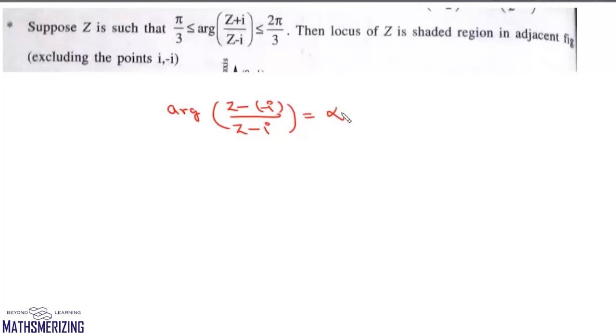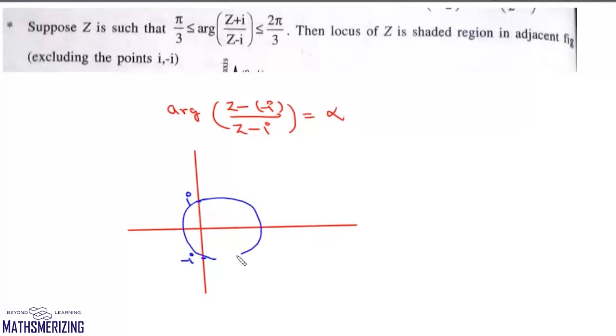So what we'll do is we'll draw the axis, and then we have 2 points, iota and minus iota. Now if we consider a circle passing through iota and minus iota, then at any point z, this is z minus of minus iota, z minus iota, and this angle will be alpha.